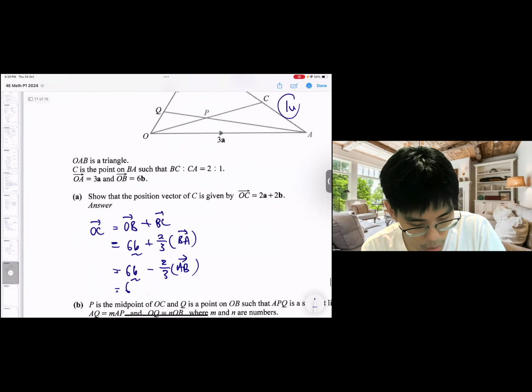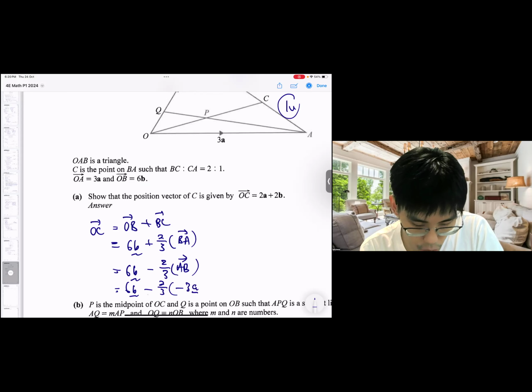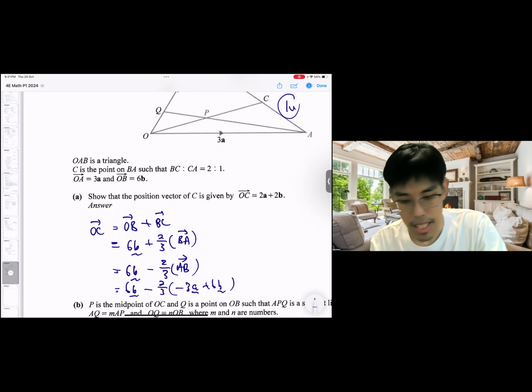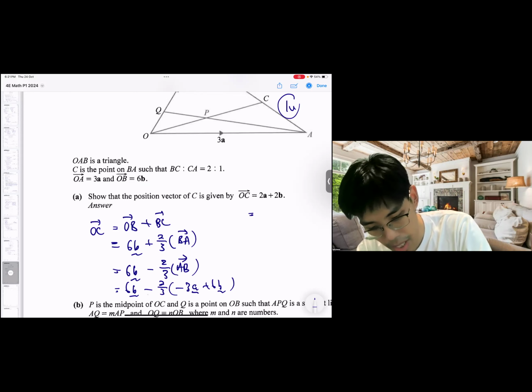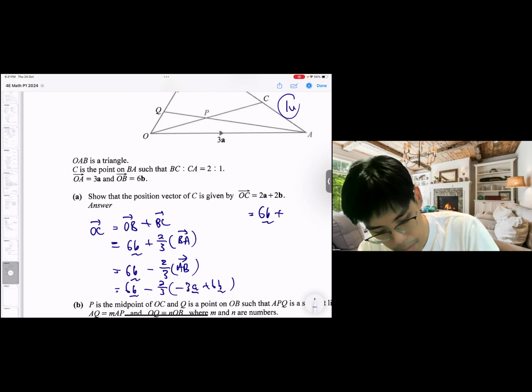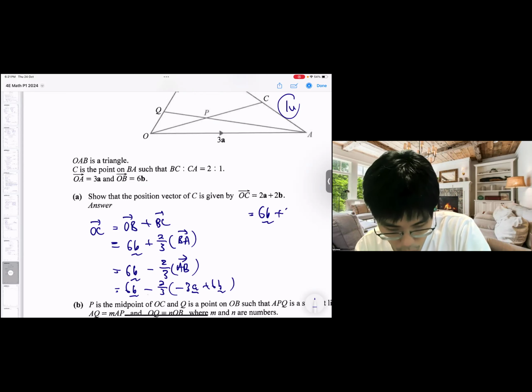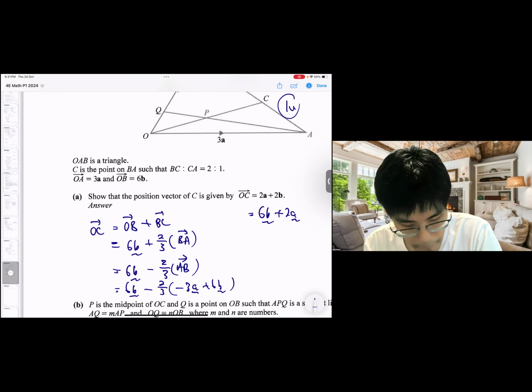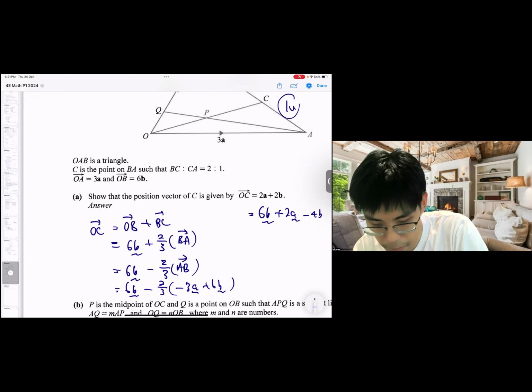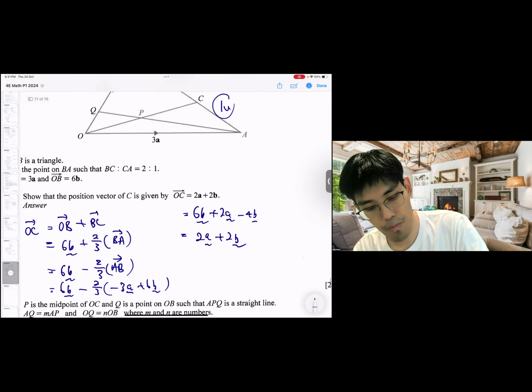Okay, so equals 6b minus 2/3 of (minus 3a plus 6b). Okay, simplify it. 6b plus 2a minus 4b. So 2a plus 2b. Shown.